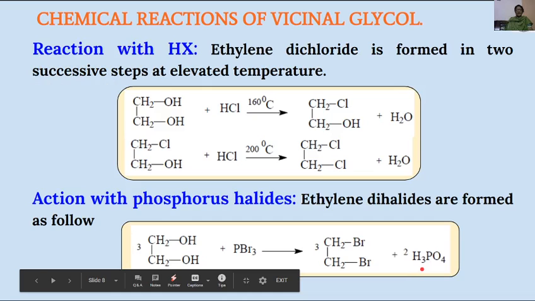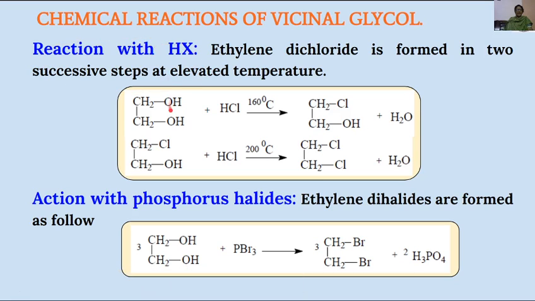The second reaction is the reaction with hydrogen halide. By reacting ethylene glycol with hydrogen chloride at a temperature of 160 degrees centigrade, it gives ethylene chlorohydrin as the product. When ethylene chlorohydrin is further heated with HCl at a higher temperature, that is 200 degrees centigrade, the hydroxyl group is also substituted by a chlorine atom.